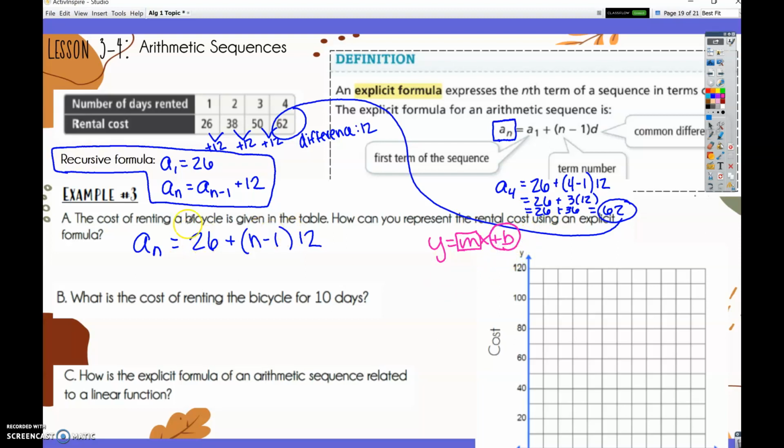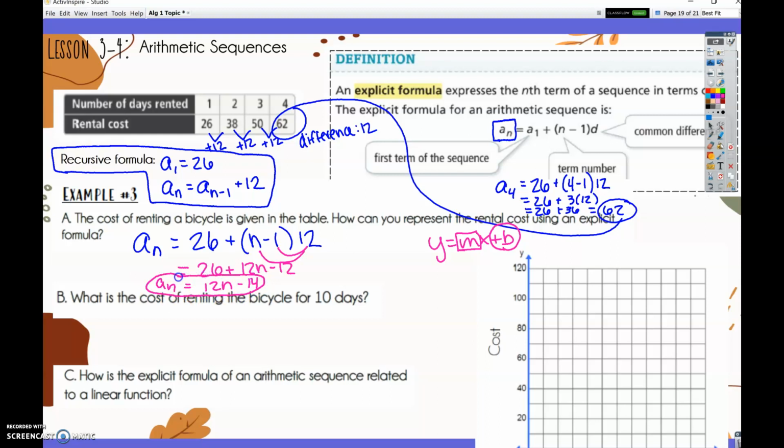If I wanted to make this look more like an equation with y equals mx plus b, I could multiply my 12 through, and I'd have 26 plus 12n minus 12. And then 26 take away 12 gives me 14.